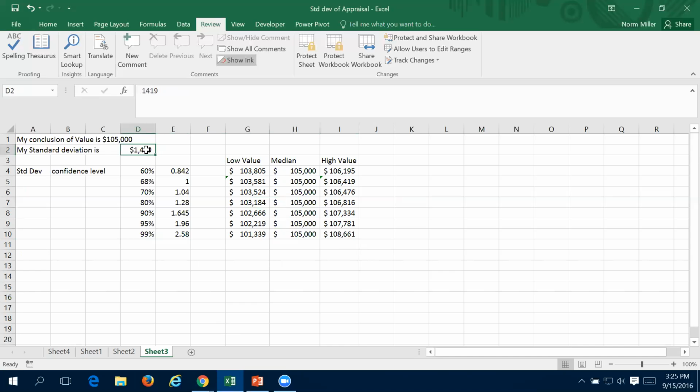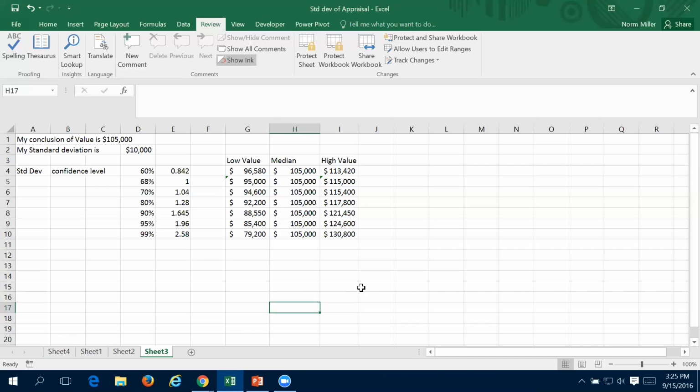Let me show you what happens when I change that number to $10,000, which is just under 10% standard deviation for this kind of value estimate, and more typical, in fact, of what we actually see in the real world.